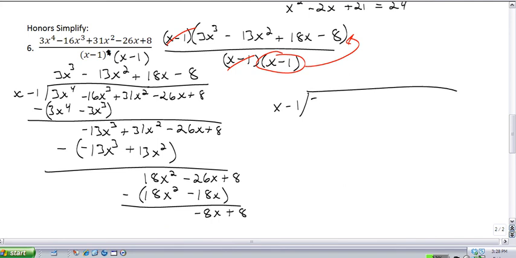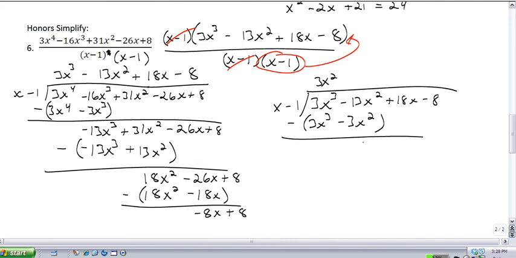Okay, 3x cubed minus 13x squared plus 18x minus 8. Alright, 3x squared, 3x cubed minus 3x squared. Okay, subtracting a negative is like adding a positive, so negative 10x squared plus 18x minus 8. x into negative 10x, so negative 10x squared. So negative 10x times x is negative 10x squared.